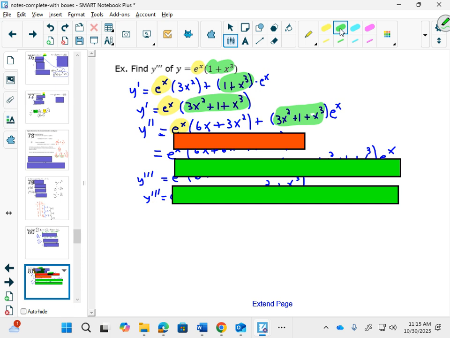And again, for finding y prime, what could we do? We could do a double product rule. But can you see you can factor out that e to the x again? Things are getting bigger and bigger every time.